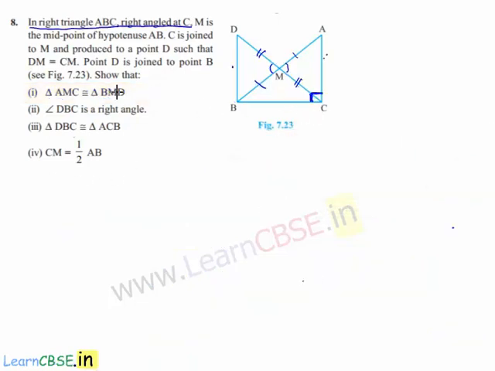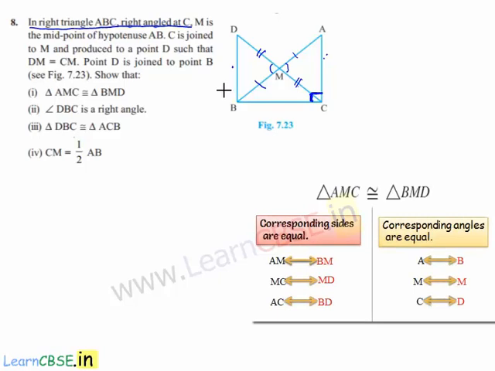In the first part of the proof, we got that triangle AMC is congruent to triangle BMD. When two triangles are congruent, the corresponding sides and corresponding angles are equal. So in triangle BMD and triangle AMC, we can say angle DBM and angle MAC are equal, as they are corresponding angles.